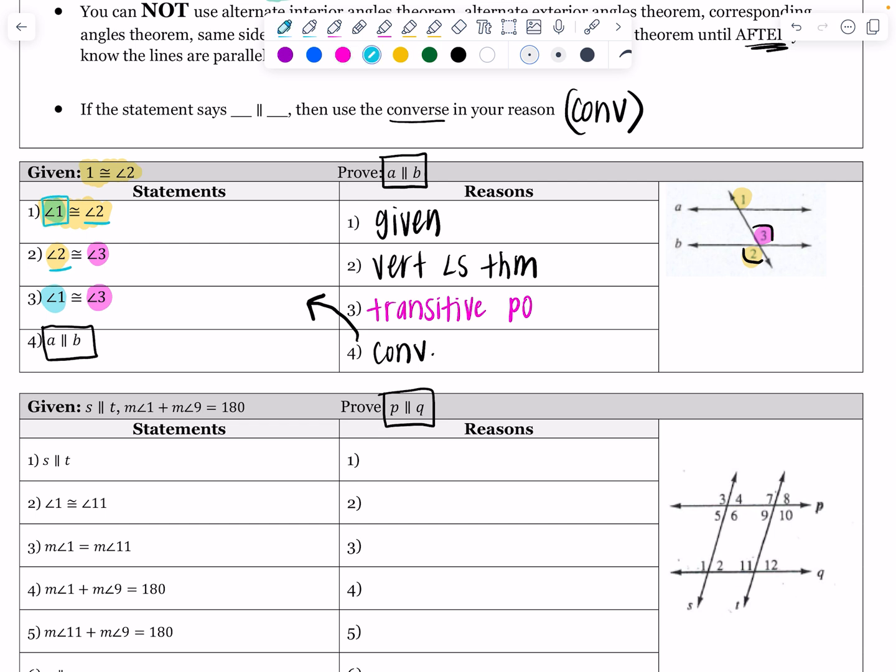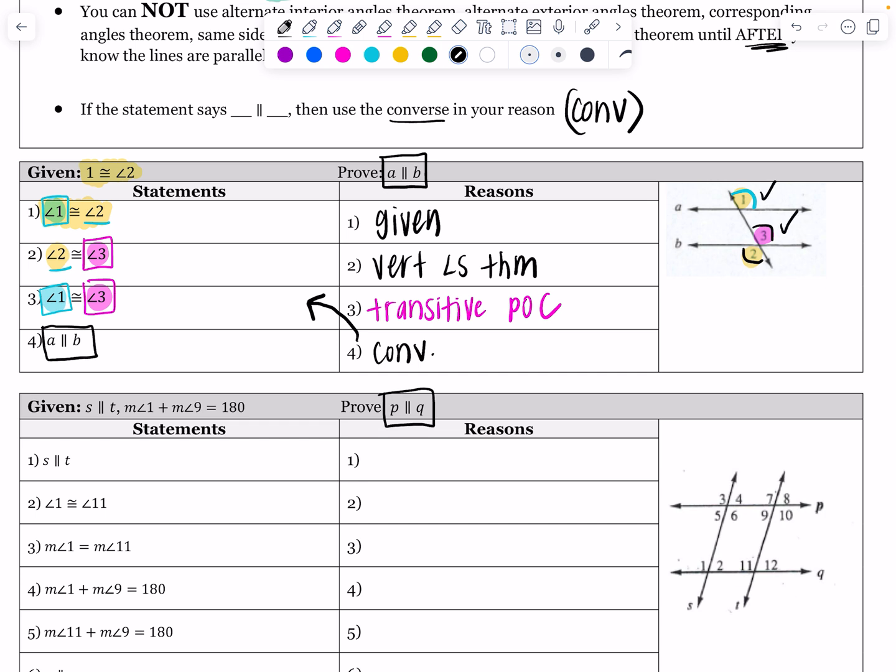So 1 is congruent to 2. 2 is congruent to 3. So we know that ultimately angle 1 is congruent to angle 3. That's by our transitive property of congruence. Well, why does that matter? Because if 1 and 3 are congruent, let's look at that. Here's 1. Here's 3. If 1 and 3 are congruent, what does that tell me about our lines?